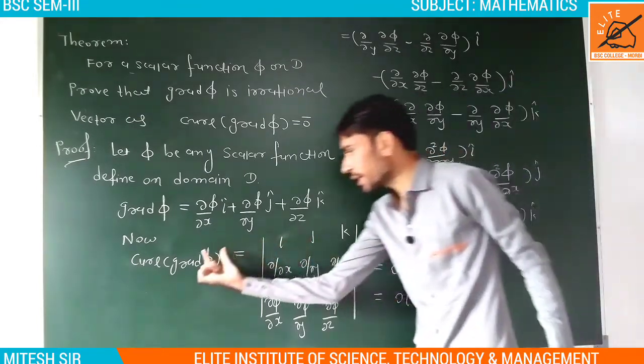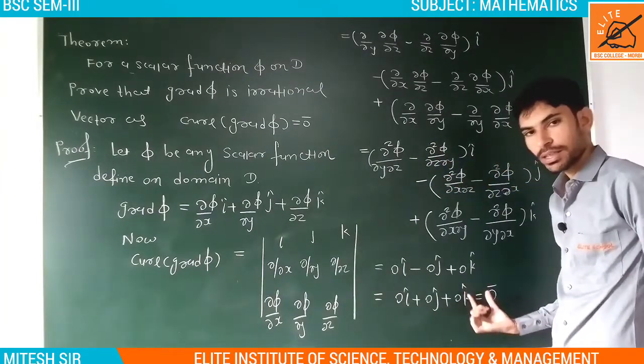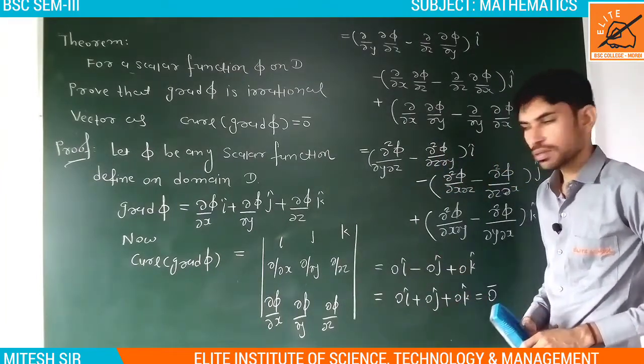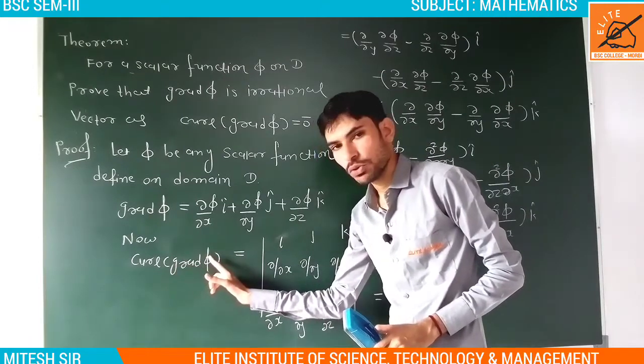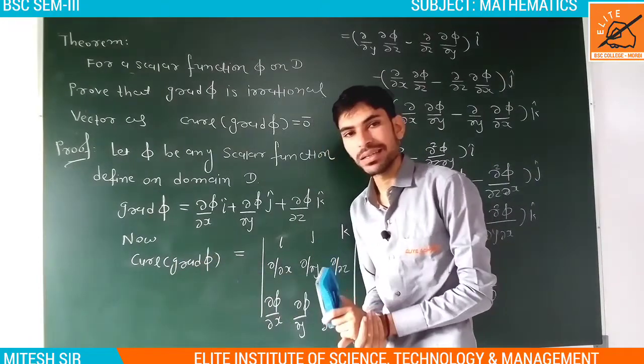So curl of gradient phi we get 0 vector. By the definition of irrotational vector, if curl of gradient phi is equal to 0 vector, that means gradient phi is the irrotational vector.